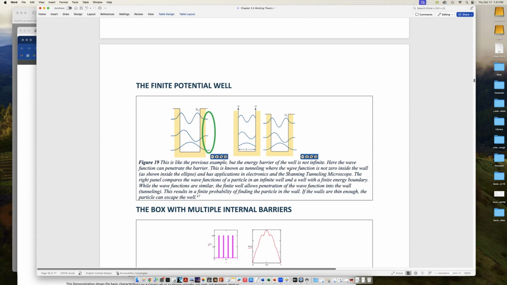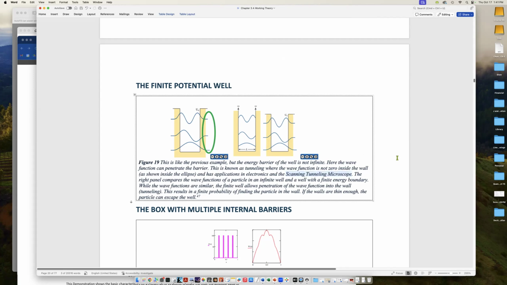There are tremendously successful applications, like the tunneling microscope. We're going to see an example of that in a few minutes. There are electronic devices that rely on tunneling of this type.